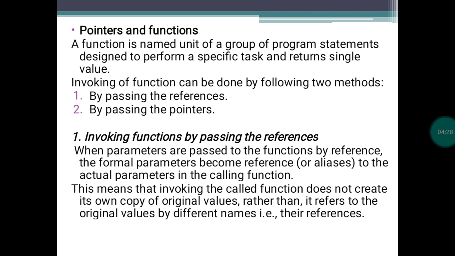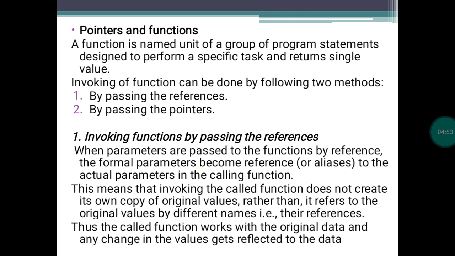In call by reference, whatever values are in the original function, you access that original value through its address. Thus the called function works with the original data, and any change in the value is reflected in the data.